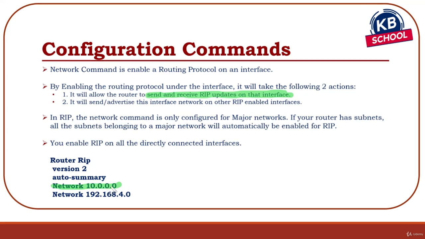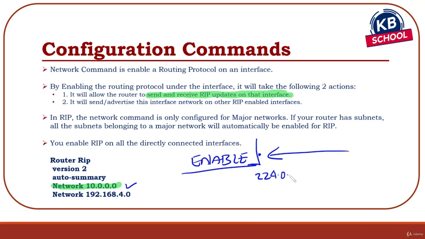So when you configure the network statement, you're basically specifying that on that particular interface that belongs to the network 10, I'm enabling RIP, the service or the protocol. So by enabling it, I'm allowing RIP updates to come into that interface, because that's to-the-box traffic, basically to 224.0.0.9, which is the multicast address for RIP.